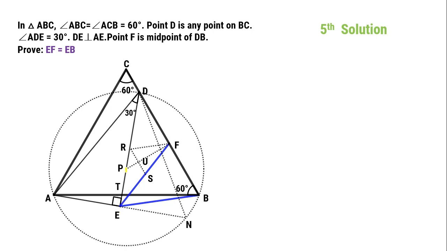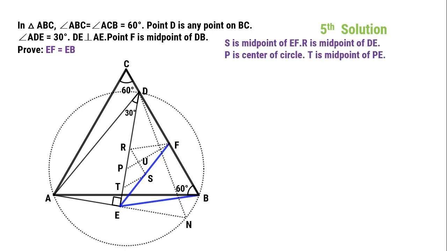Find point T, the midpoint of PE. We can get DP equals 1/3 of DE, because point P is the centroid of equilateral triangle ADN.